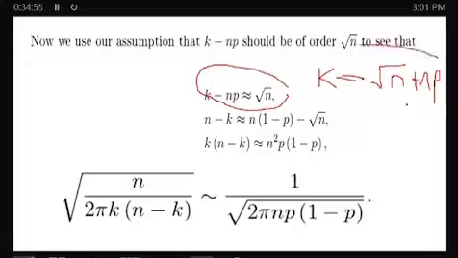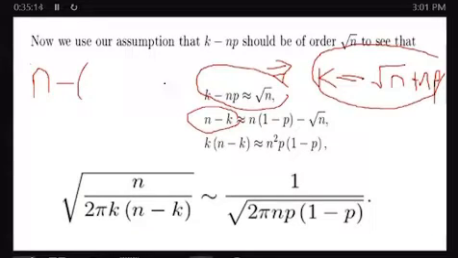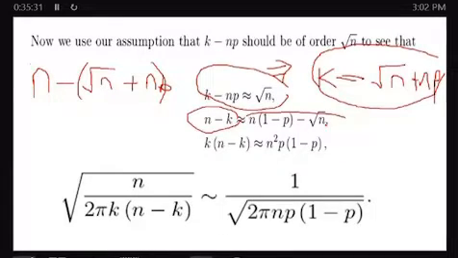If this is K from here, that implies K equals that. If I know K, then what is n minus K? Of course, it's going to be n minus, in parentheses, square root of n plus NP. If you take a look at what we have now, this is approximately this guy.